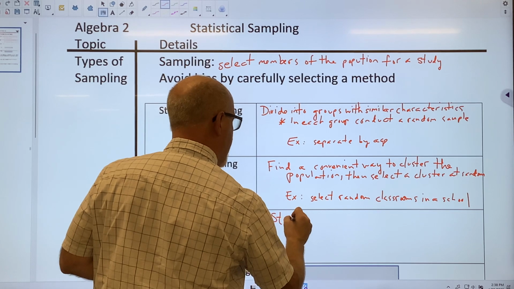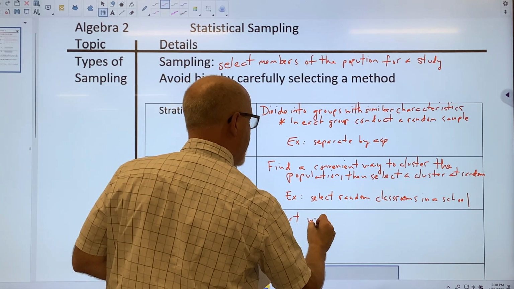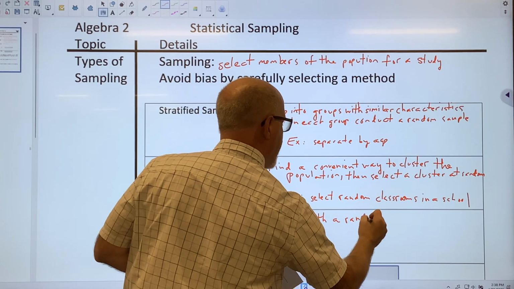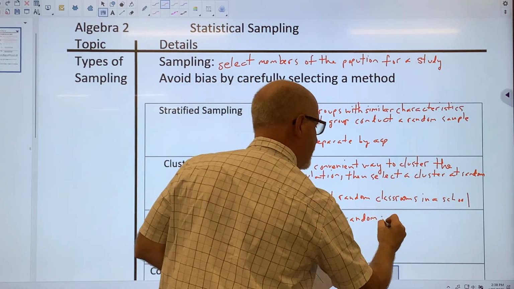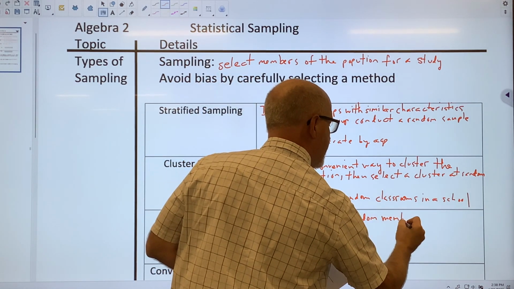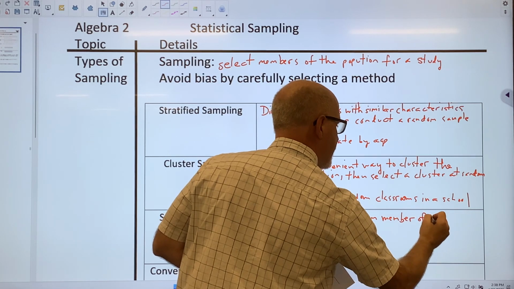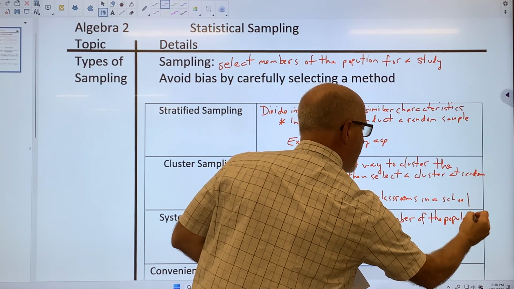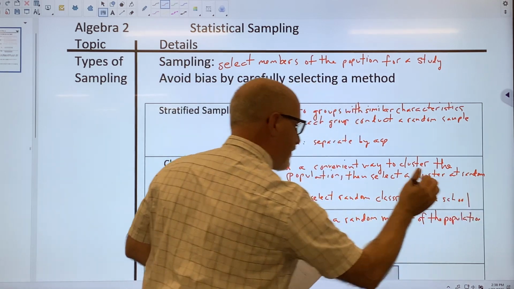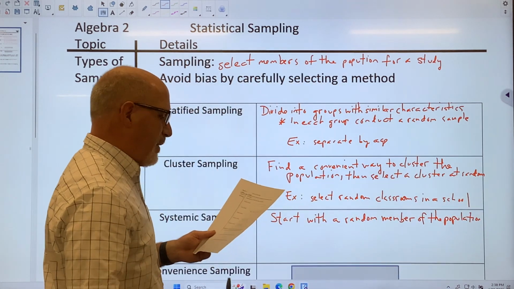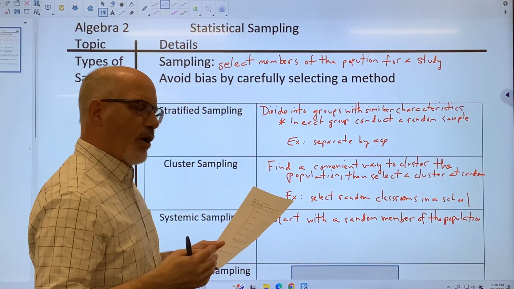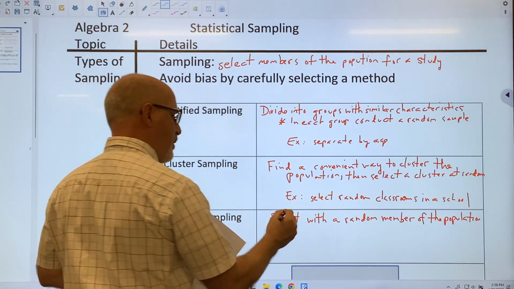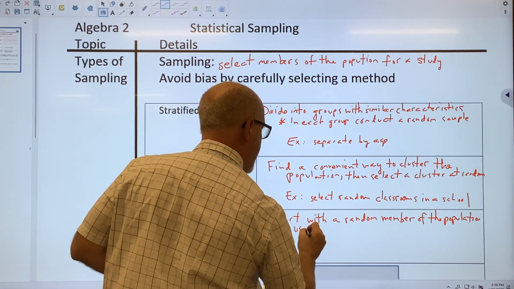Start with a random member. So find that first spot to start, and then use a rule to come up with how you're going to select more members.